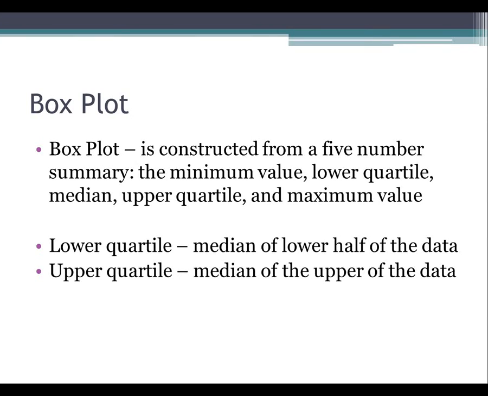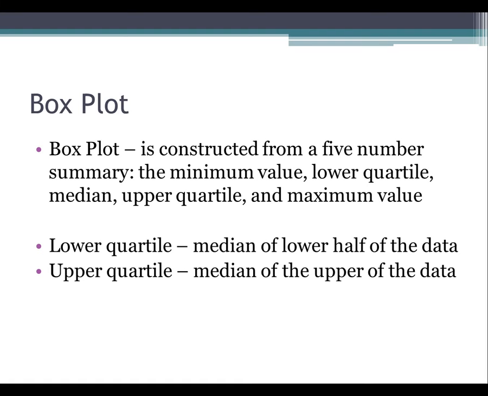And then the lower quartile is the median of the lower half of the data. So we know that the median is the middle, and it's everything that is lower than that. Then the upper quartile is the median of everything above that. Well, almost everything. So it's the median of the lower half of data.